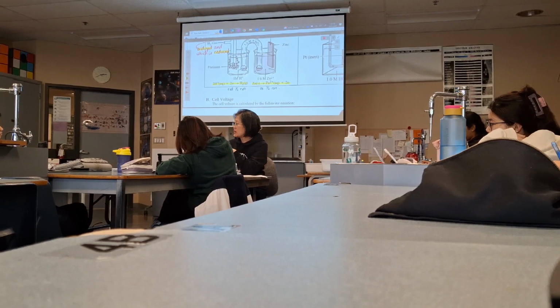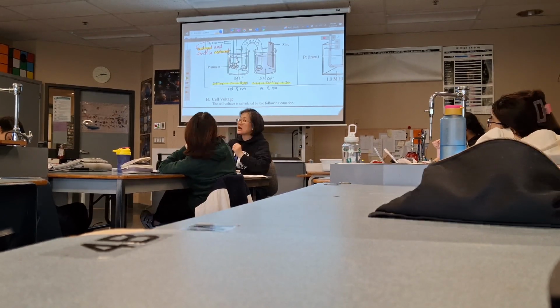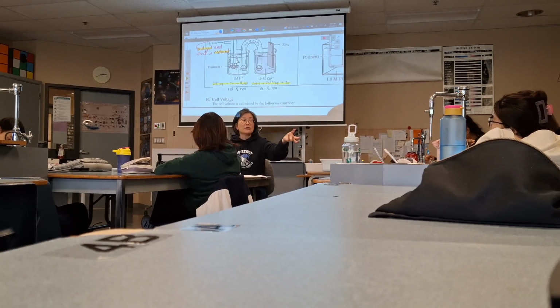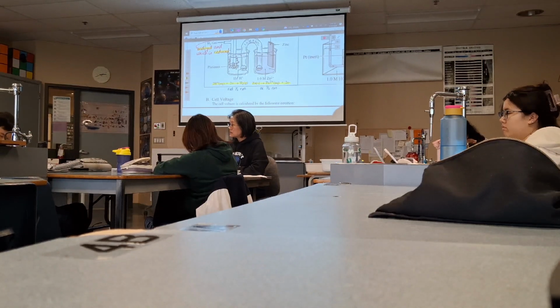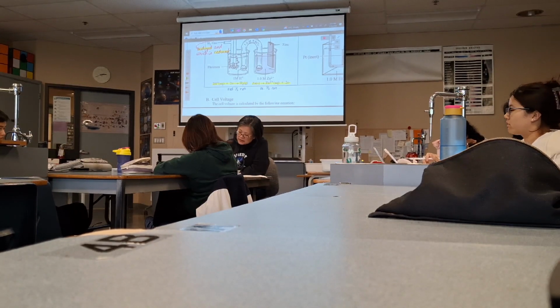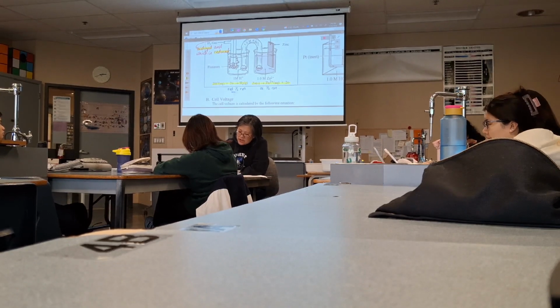Okay? Now, here's the deal. Up until this point in time, all your reactions, you stuck a metal into a solution and a reaction happened, right? And then we balanced the two half reactions and we said, here's a reduction, here's an oxidation, and boom, they're reacting. Now, at this point, do you see how the reduction half reaction happened in this beaker on the left?